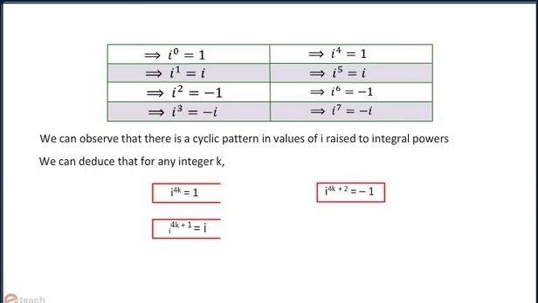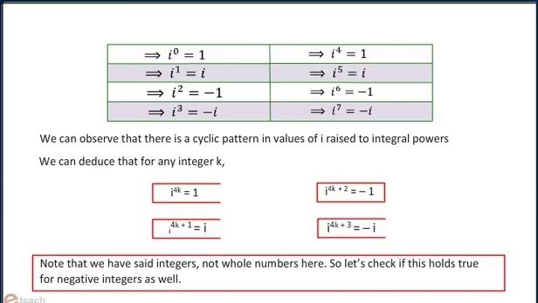Iota raised to the power 4k plus 2 equals minus 1. Iota raised to the power 4k plus 3 equals minus iota. Note that we have said integers, not whole numbers here. So, let us check if this holds true for negative integers as well.